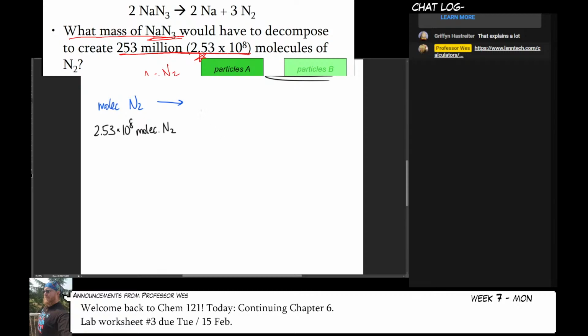I can easily convert that into moles. And once I know the number of moles of N2, we can go to moles of the other reactant, which is NaN3, which we can then turn into grams. Kind of ran out of space here, but that's okay.